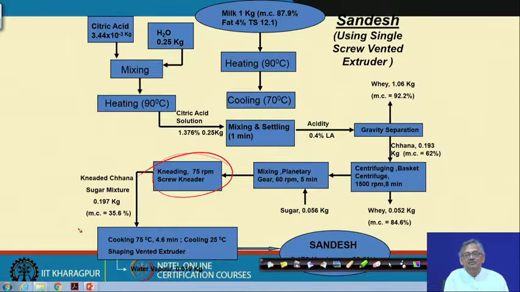So, kneading is one of the important steps for making sandesh. You might have seen in the confectionery that they are kneading it like the one which is done at home when bread is being made. So, that is also being kneaded, right.